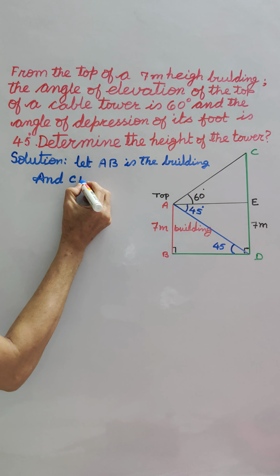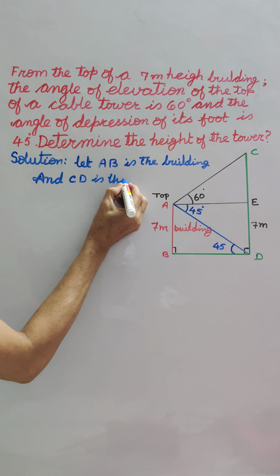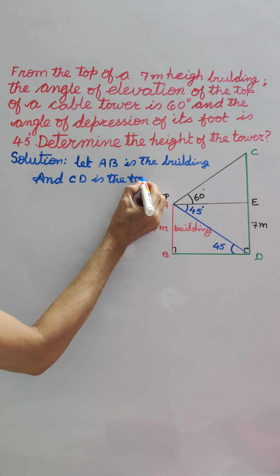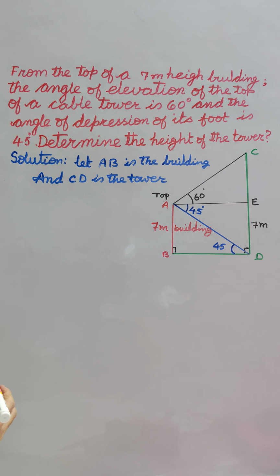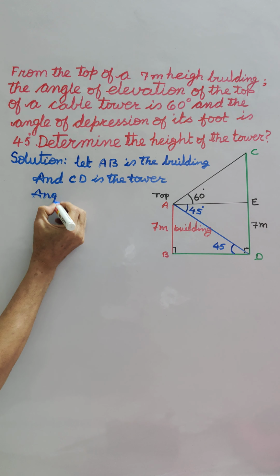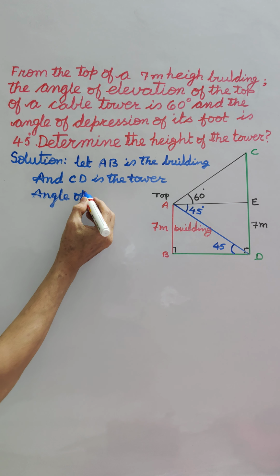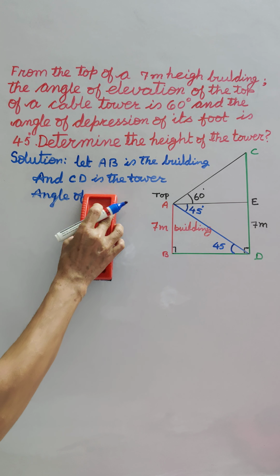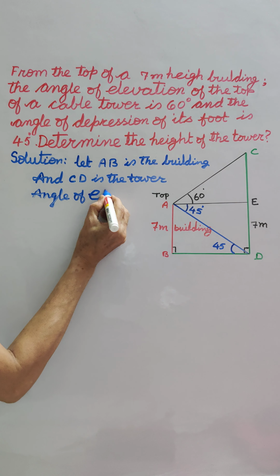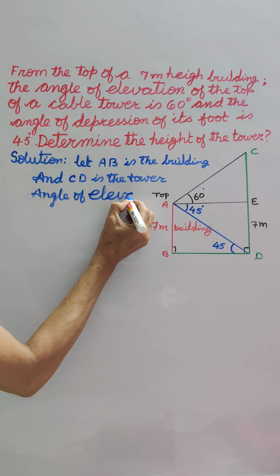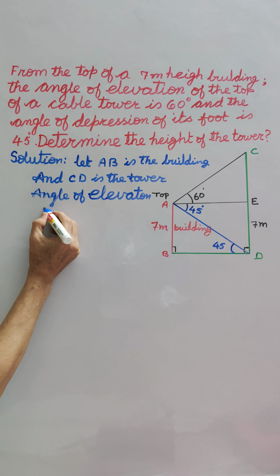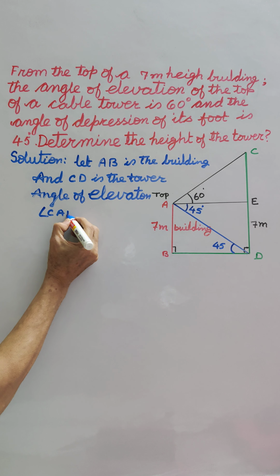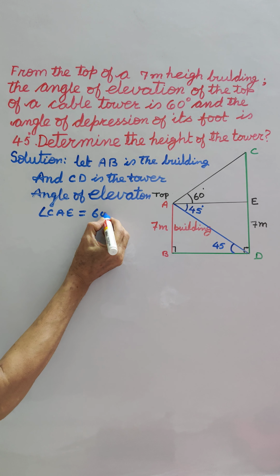The angle of elevation, angle CAE, is equal to 60 degrees.